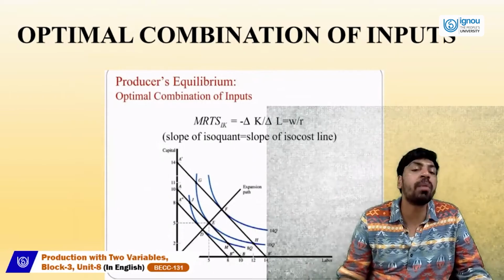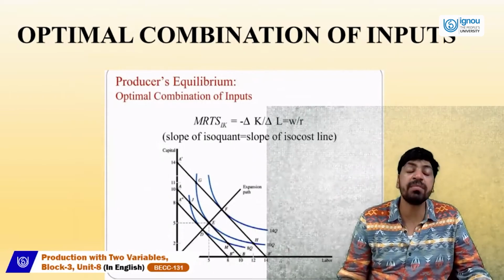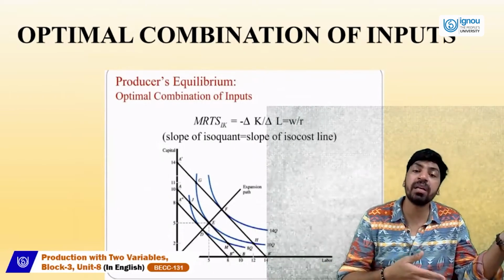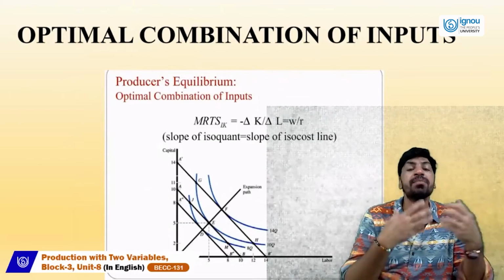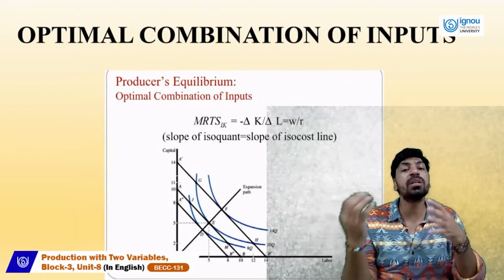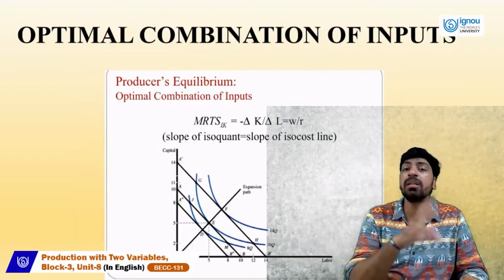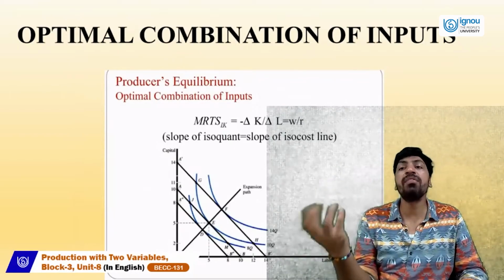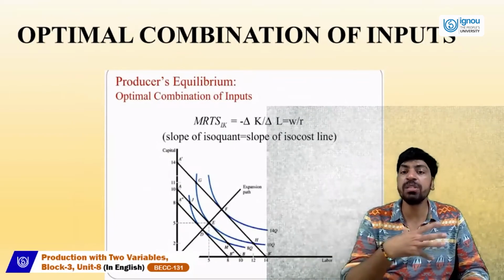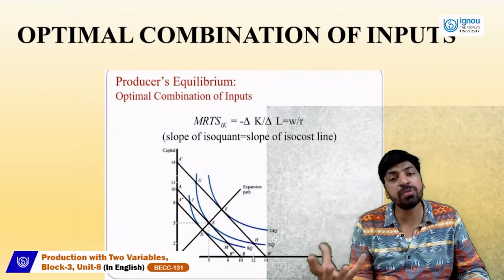We will not talk about the consumer equilibrium, because when we talk about the consumer equilibrium, we always talk about the production function with one input. But when we talk about the combination of two inputs, we always talk about the producer equilibrium.